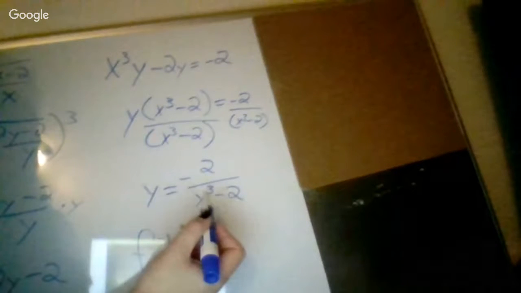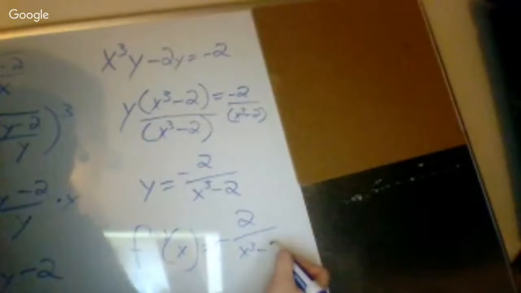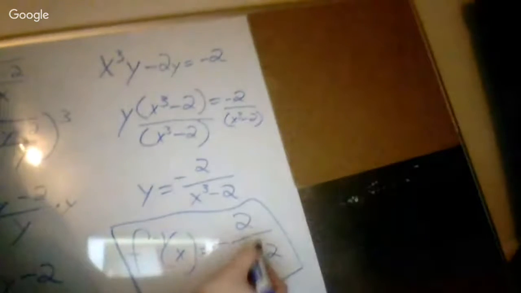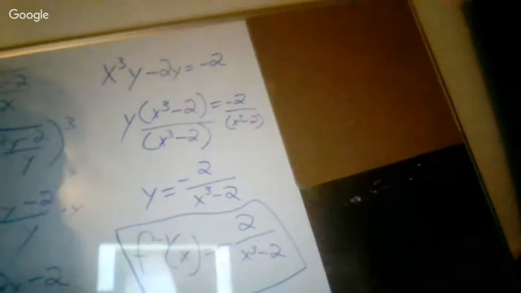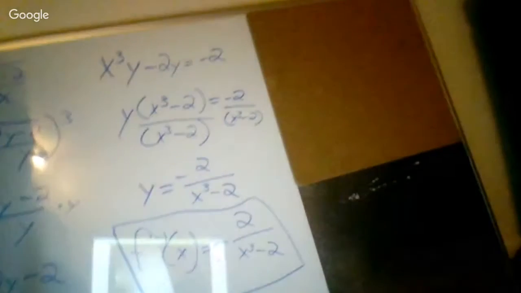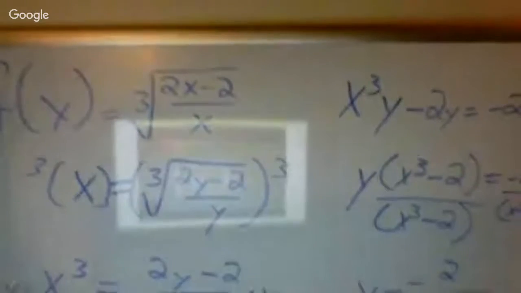So the inverse of the function ends up being negative 2 over x cubed minus 2, which is a function since for every x value we have, for every input, we only have 1 for the y. And that is how we find the inverse of the original function, which was the cube root of 2x minus 2 over x.